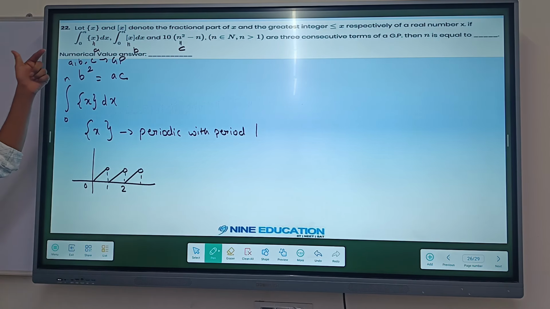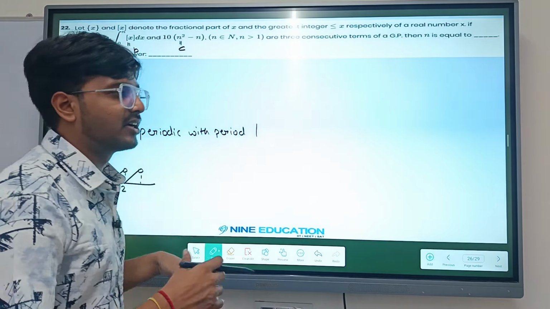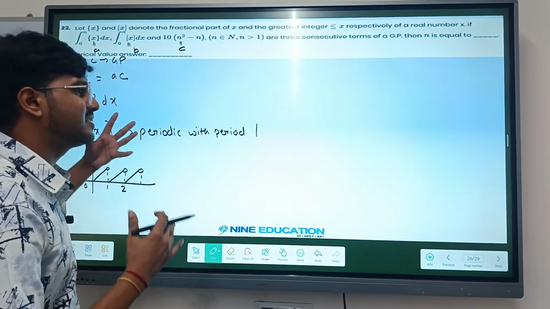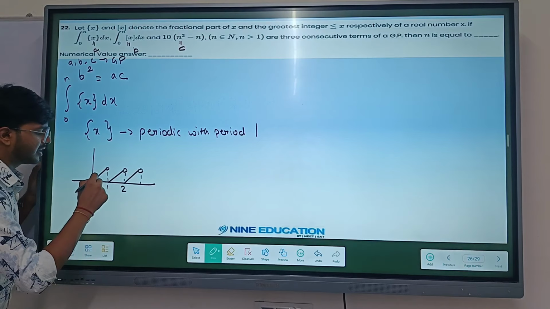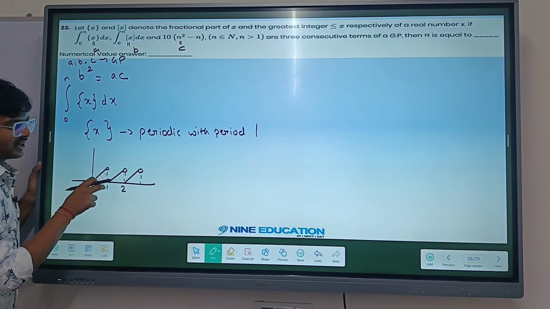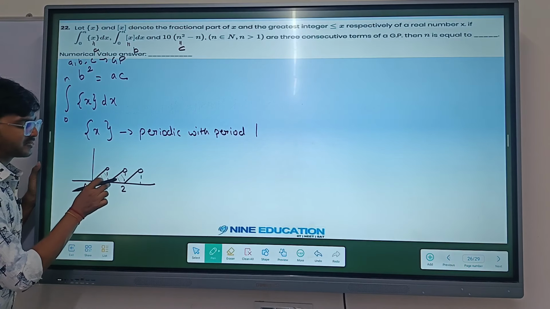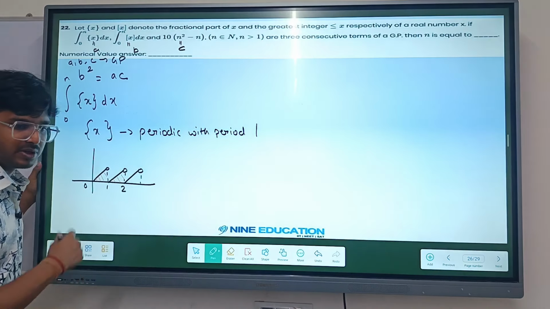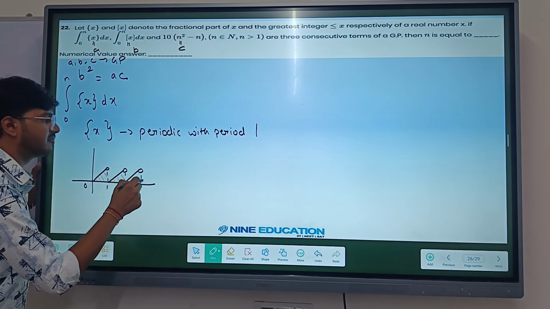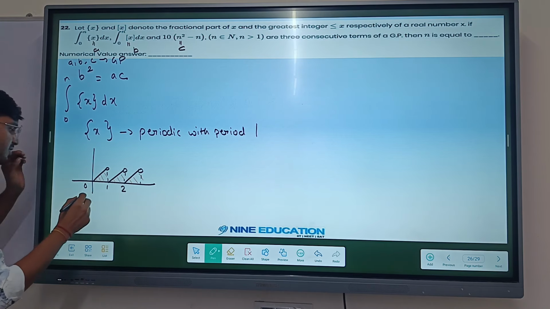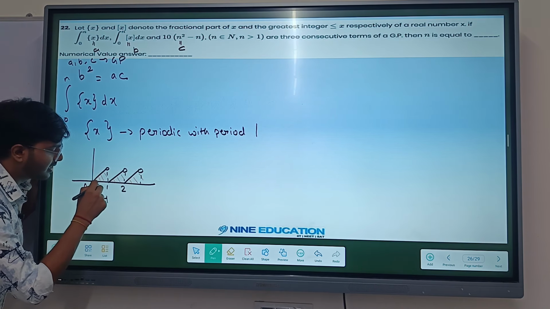What does this definite integration say? It actually means area only. So if I am taking 0 to 1, definite integration, it will mean area from 0 to 1. It is a periodic function with period 1, it repeats itself after period 1. So from 0 to 1, what is this area?